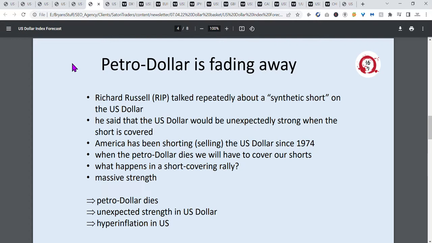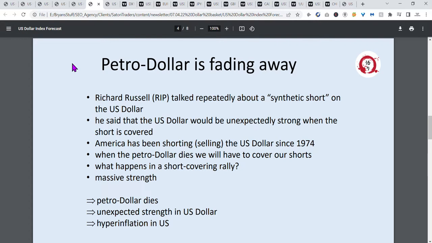I never really took the time to think it through. But repeatedly, he'd talk about this synthetic short on the US dollar and how the US dollar would become unexpectedly strong. And I didn't really understand what he was talking about, but he talked about it repeatedly.